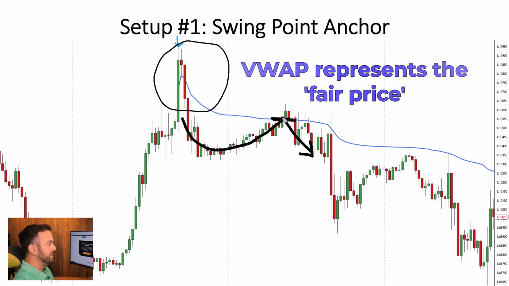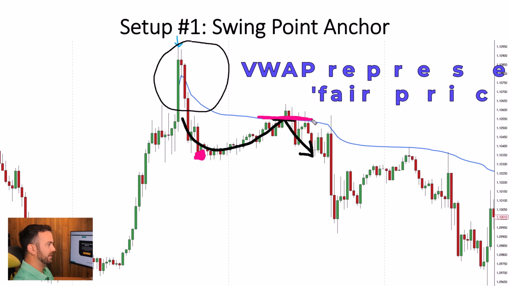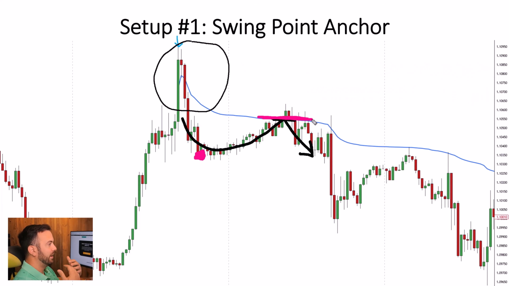And the reason why there's a reaction is that sellers want to sell here for a fair price. They don't want to sell, for example, from here, because they would be selling too cheap. They want to sell for a fair price. And this is not just people trading, those are algorithms or big trading institutions.